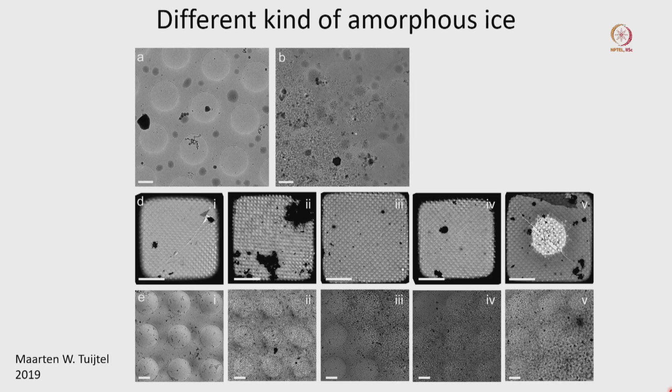So this slide I already discussed in the last class. I want to start from here again because this is showing us different types of amorphous ice, right?